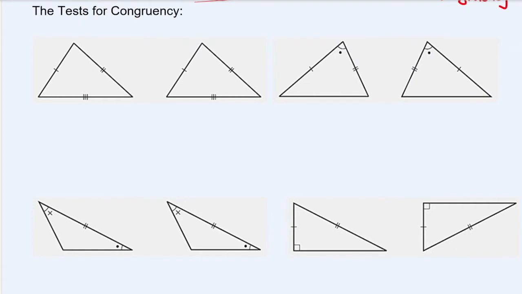The first one is called SSS, triple S. And it's triple S because there are 3 pairs of matching, or equal, sides.